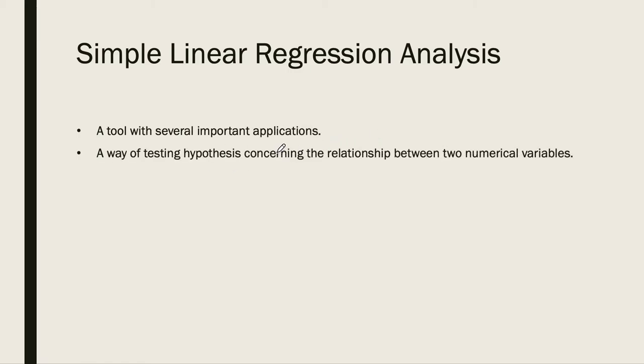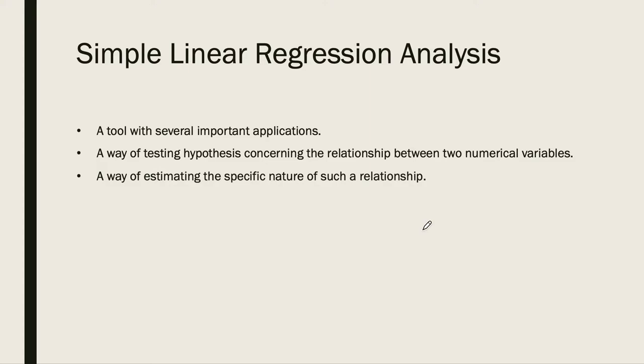Simple linear regression analysis is a tool with several important applications. It can be a way of testing hypotheses concerning the relationship between two quantitative numerical variables. It's also a way of estimating the specific nature of such a relationship. If simple linear correlation answers the problem, are they related?